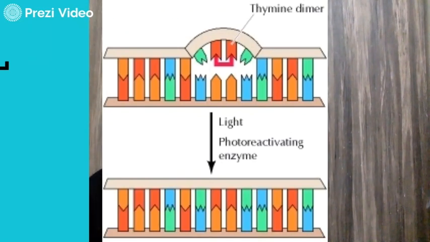Now in order to repair this kind of damage caused by UV light, a simple light-triggered enzyme called photolyase has been identified and isolated from bacterial cells. Now this enzyme, which is also triggered by light, causes photoreactivation.